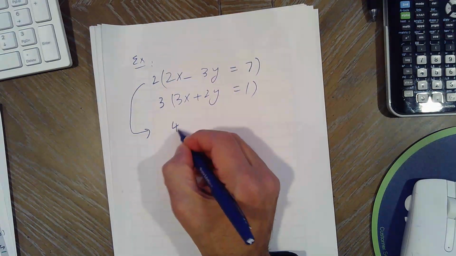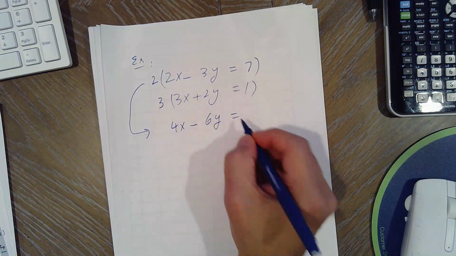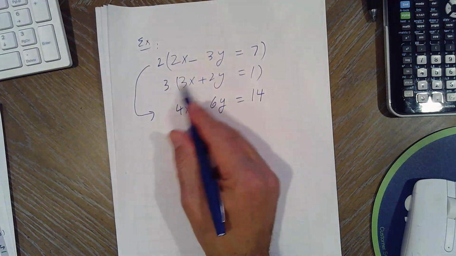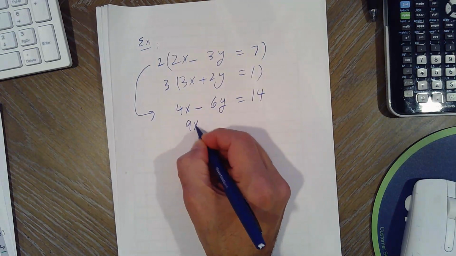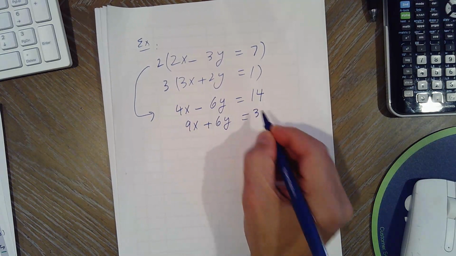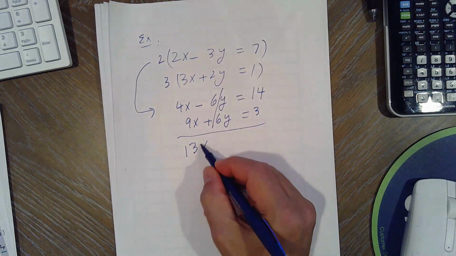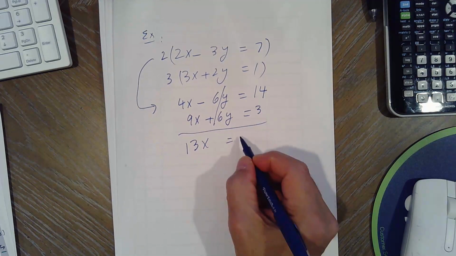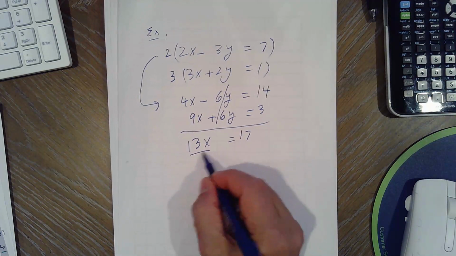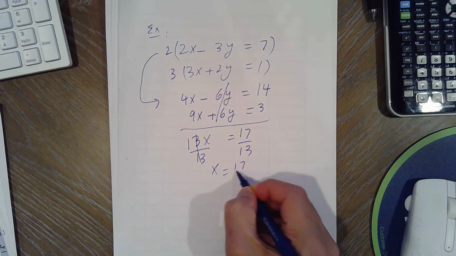So we get 4x minus 6y, 2 times 7 is 14, 3 times 3x is 9x, 3 times 2y is 6y, and 3 times 1 is 3. So 4x plus 9x is 13x, 14 plus 3 is 17. So x is 17 over 13.